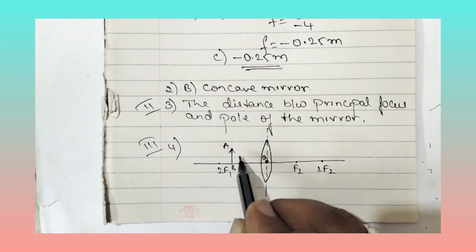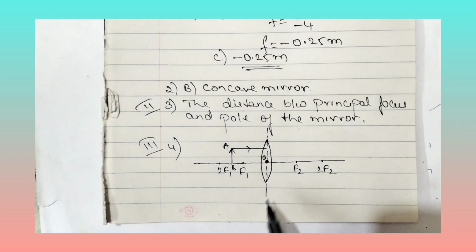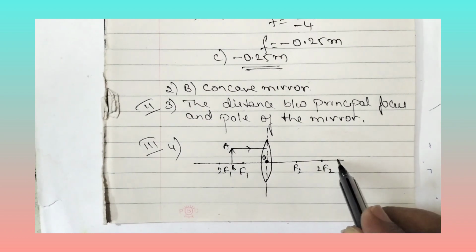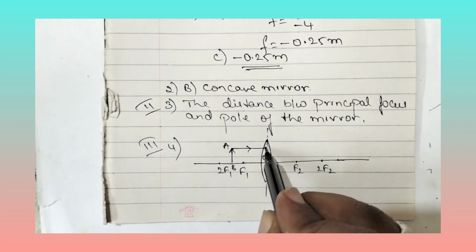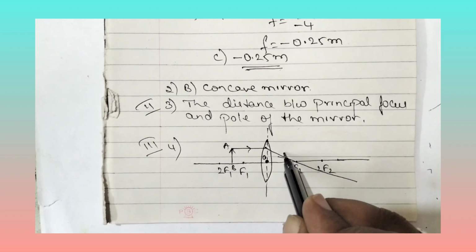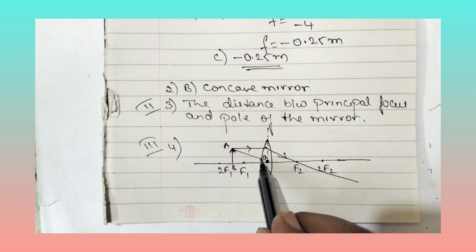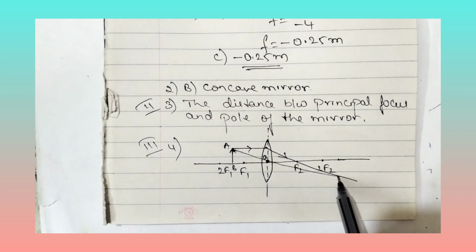AB is the object. The light ray which is parallel to the principal axis, after refraction, passes through the principal focus. So this is the direction of the refracted ray. Then the light ray which passes through the optic center will move in a straight path.